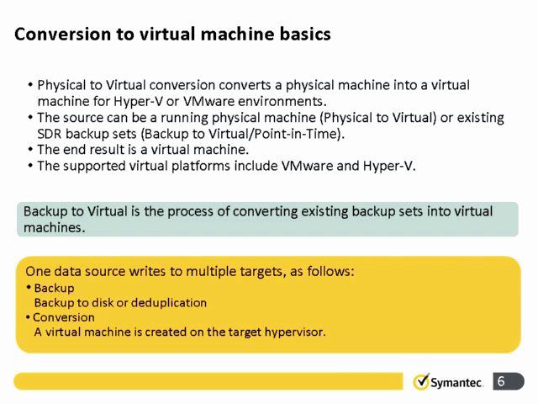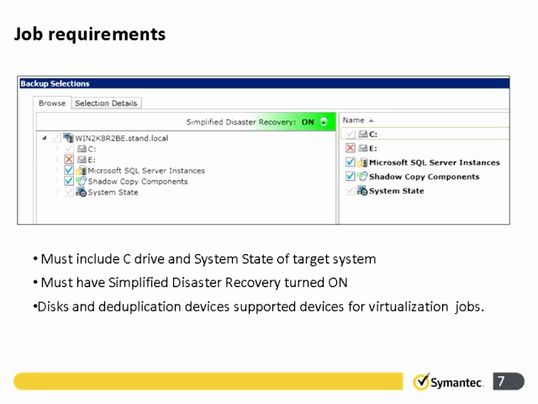So in the case of a physical to virtual, a P2V, I am backing up the server, writing it to the Backup Exec server, but at the same time converting that physical server to a virtual machine and writing the virtual machine to the hypervisor host, either VMware or Hyper-V. So I can have multiple targets as this operation happens.